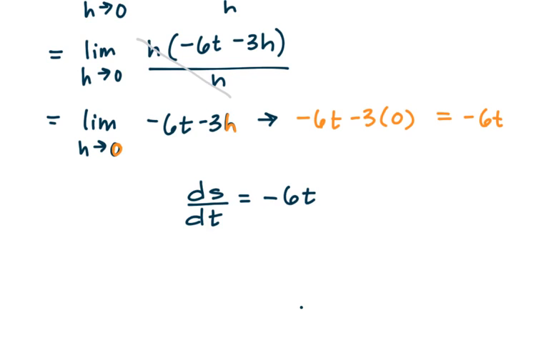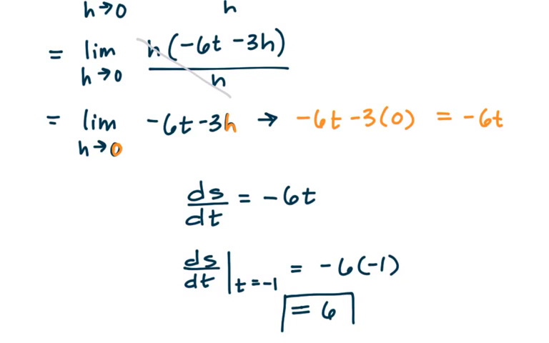So ds/dt, where t is negative 1, is negative 6 times negative 1, or positive 6. So that would be my answer. That is my rate of change at t equals negative 1. So I have a derivative and I have the specific instantaneous rate of change at that point.